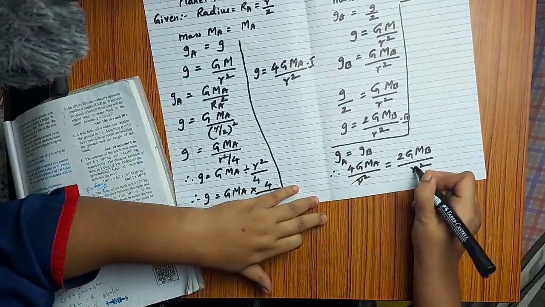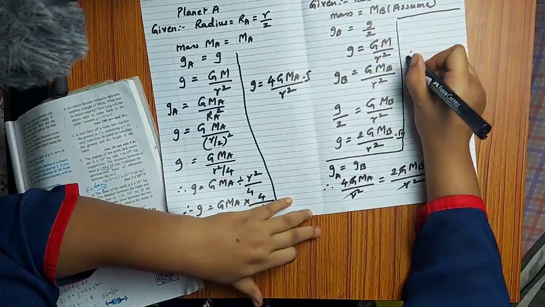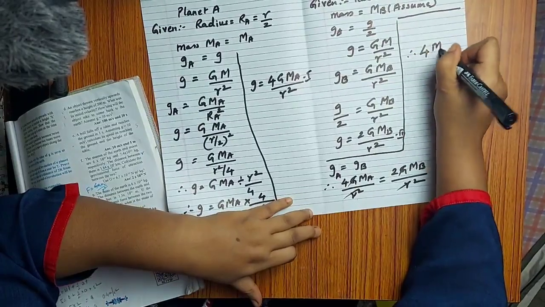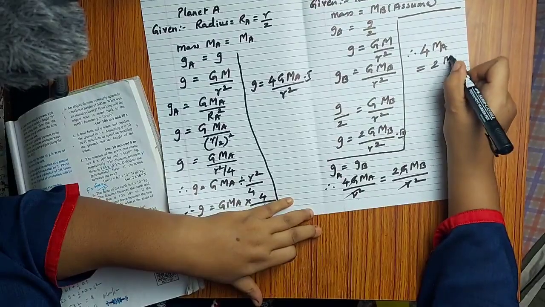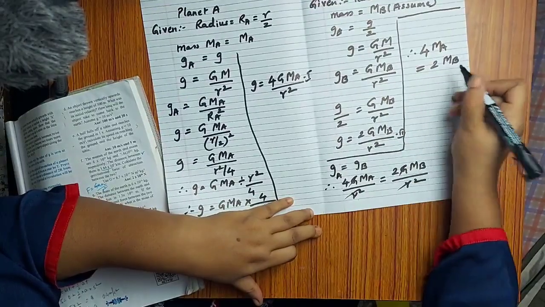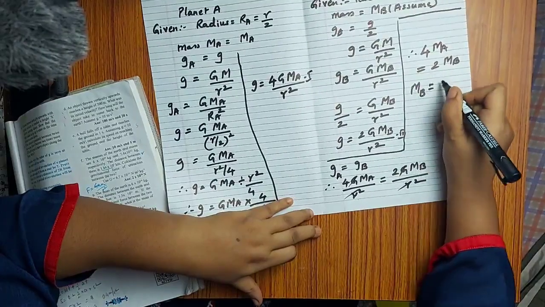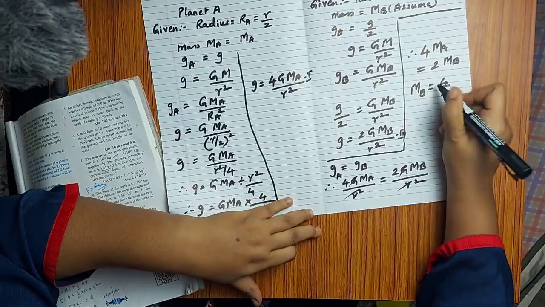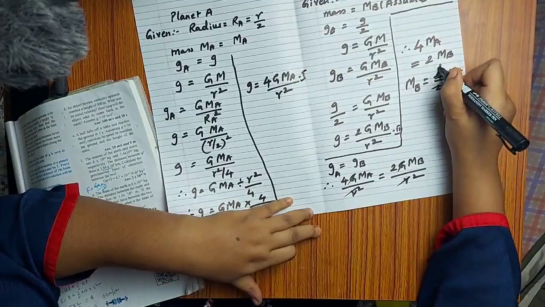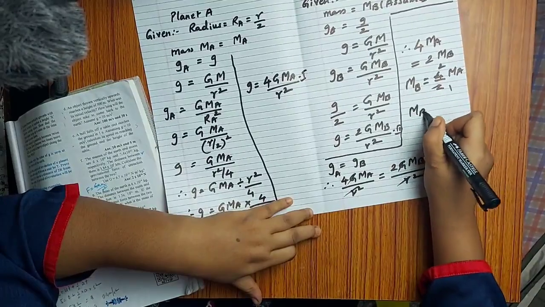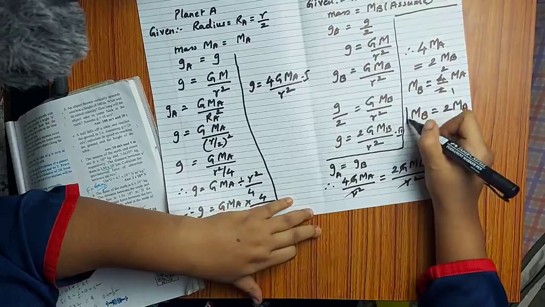Now this R square goes, this G goes, therefore we have 4MA is equal to 2MB. We want the value of MB, therefore MB is equal to 4 upon 2 MA. Two 1s are 2, two 2s are 4, so MB is equal to 2MA. This is the answer.